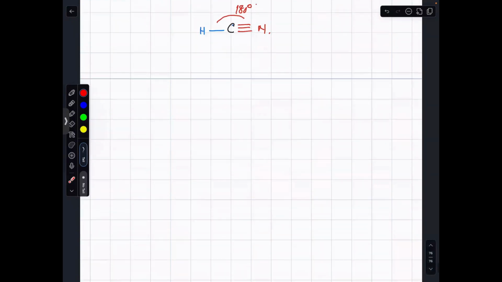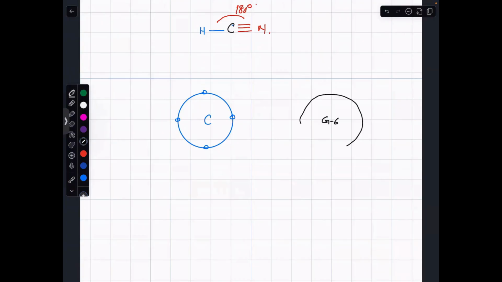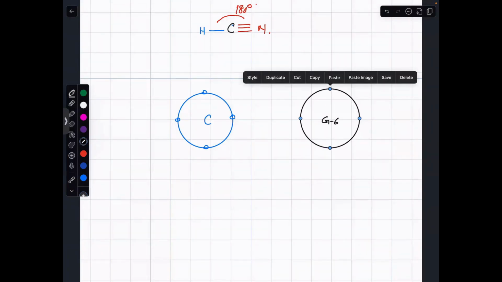If you see carbon dioxide, this is carbon. Last shell having 4 electrons. And this is any group 6. What will group 6 do? I'm telling you one trick. It's very interesting.